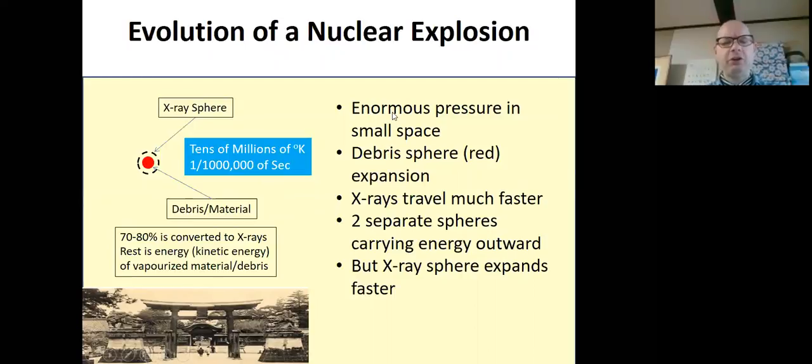You can imagine all this energy sitting in this very small space, and the debris sphere is just about to expand outward. The X-rays, of course, travel much faster. So you have these two separate spheres carrying energy outward, but the X-ray sphere expands much faster. And 70 to 80% of the energy is converted to X-rays. The rest is kinetic energy, the energy of motion of the vaporized material and the debris.